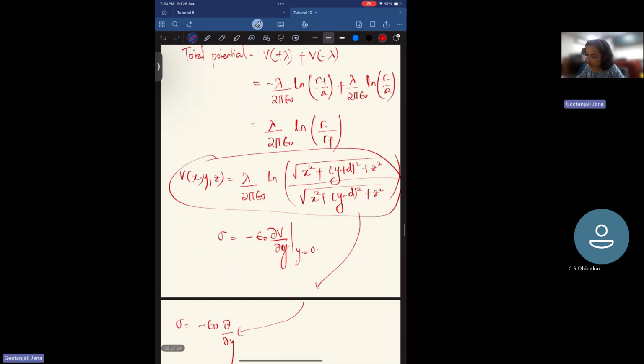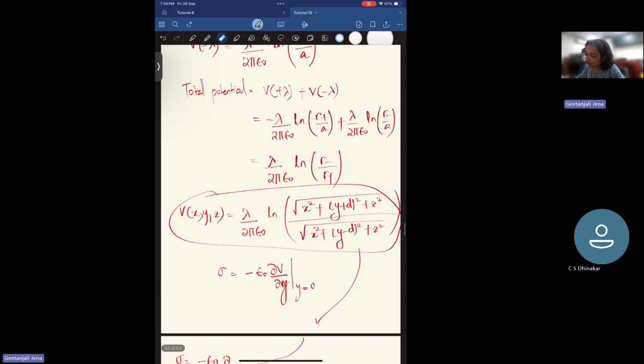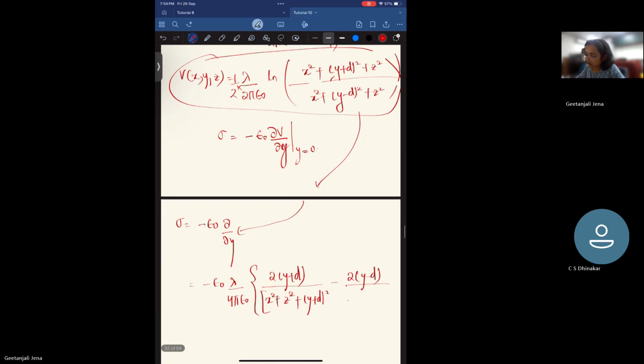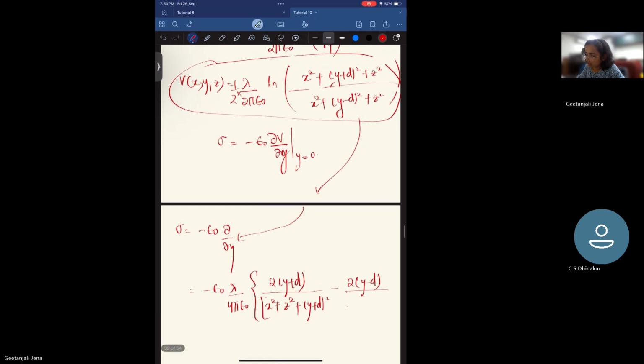Okay, one thing you can do to avoid this square root is to take the square root inside. So it will give 1 by 4 pi epsilon naught. I think now it's quite easy to calculate.